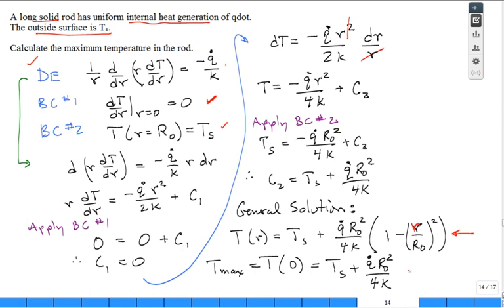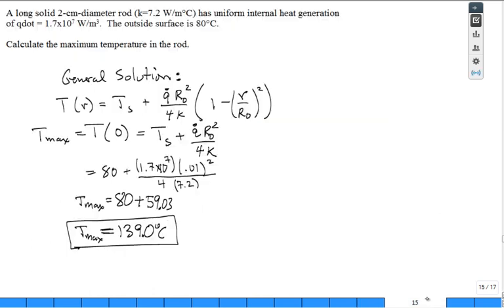And then you can get the maximum. It's going to be at the center line, and you're ready to solve a bunch of problems. Here's a problem. You throw in some numbers for k, for the diameter, q dot, surface temperature. You have the general solution, and then you just calculate the maximum temperature at the center line, 139.